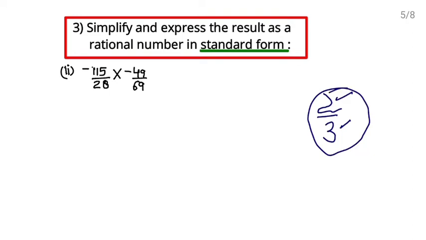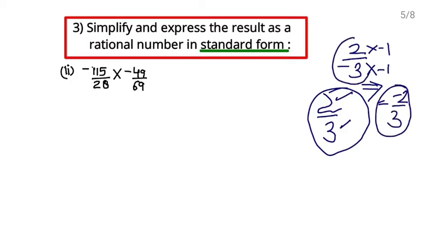Second, the denominator can never be a negative number in standard form. This cannot be standard form. Why? Because the denominator is negative. So to write it in standard form, you will multiply the denominator as well as the numerator by minus 1. So you will get minus 2 upon 3.